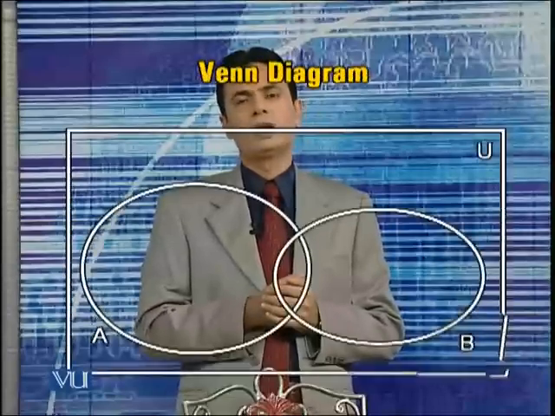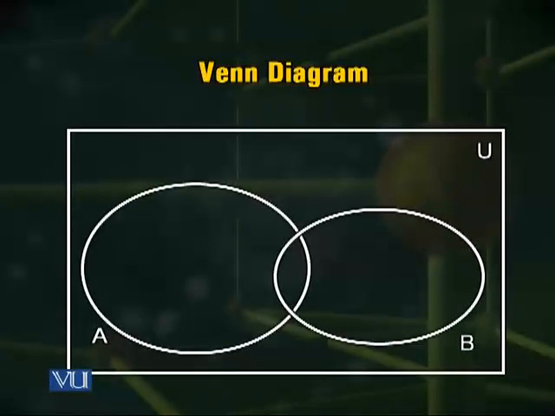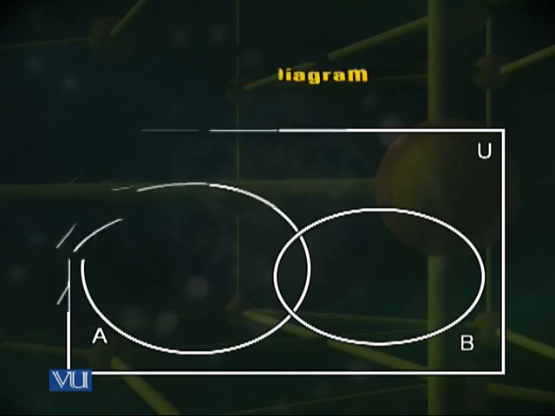So in Venn diagram, a set is represented by a simply connected closed curve. What I mean by simply connected is that the boundary of the curve does not intersect with itself. To know more about simply connected and not simply connected curves, please study your handouts that you will get with this course.